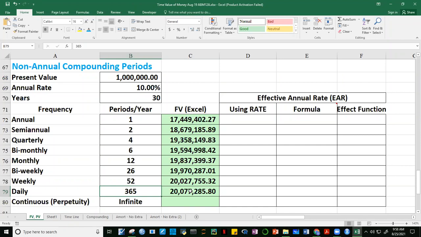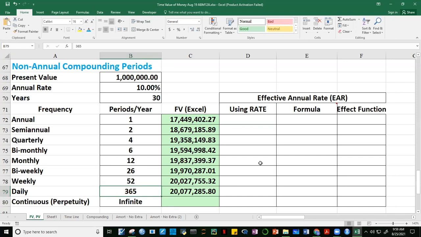Remember the concept of the power of compounding. It comes from the number of periods we compound, like the 100 versus 40 years before. The effect of the power of compounding is more visible with 100 years compared to 40 years.